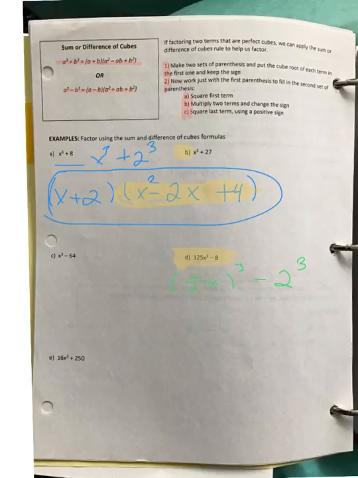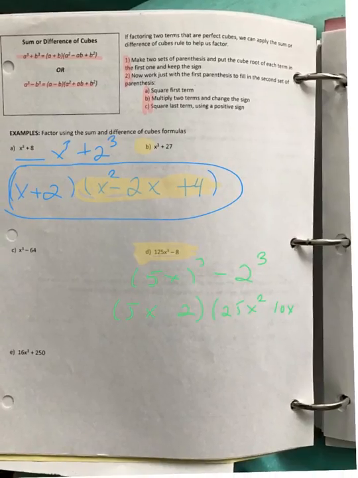So I can write it like that. So take the first term, second term, first term squared. So 5 squared is 25, x squared. Multiply the 2 times each other. And then square the last term.